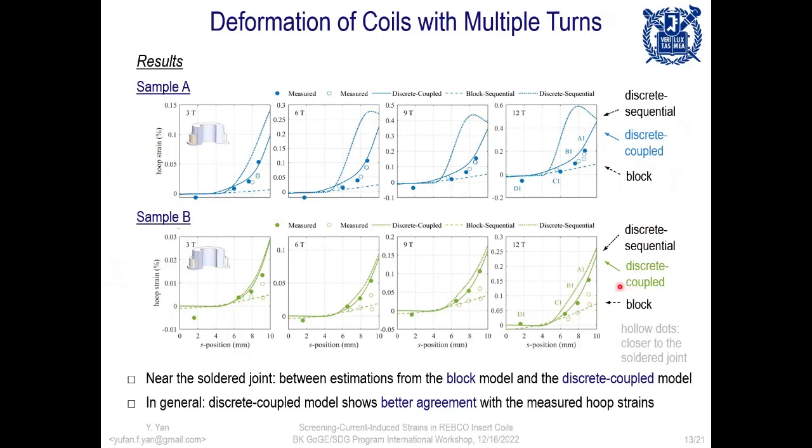We can see that the hollow dots here, which represent the sensors placed closer to the solder joint, lie between the block model on the bottom here and the estimation from the coupled model in the middle. But overall, we can say that the coupled model showed better agreement in general with the measured hoop strains.